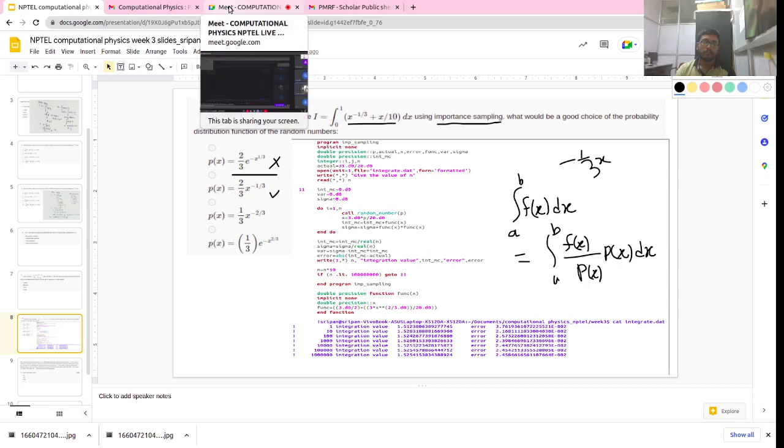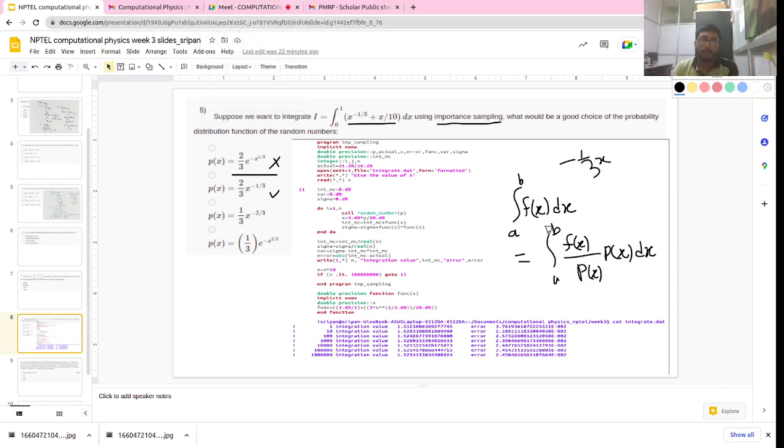x plus x. So you can check by yourselves also. I have done this through some programming here, so let me tell that. This is the motive of doing this calculation.